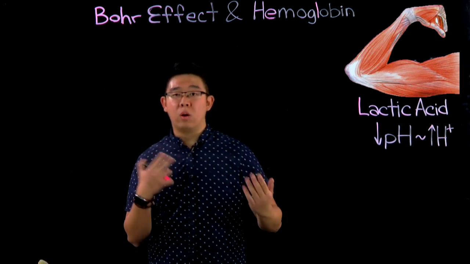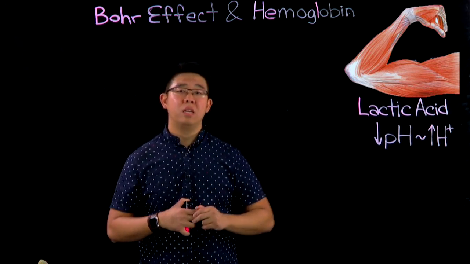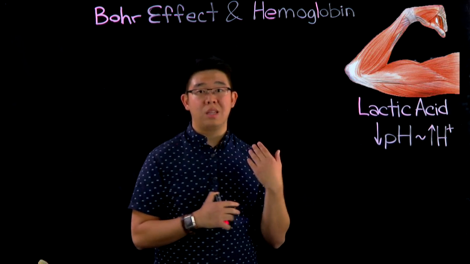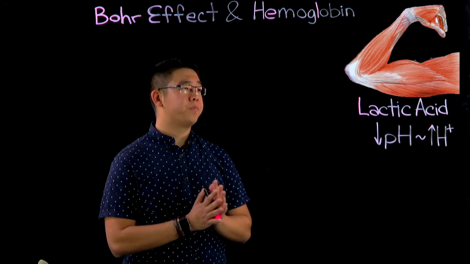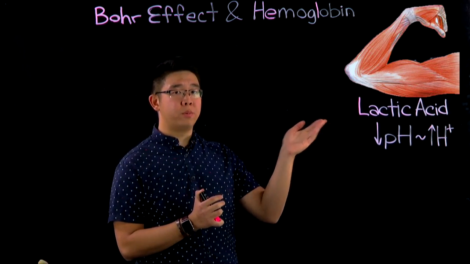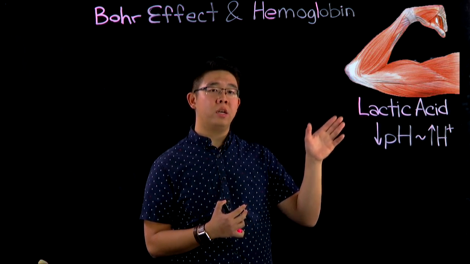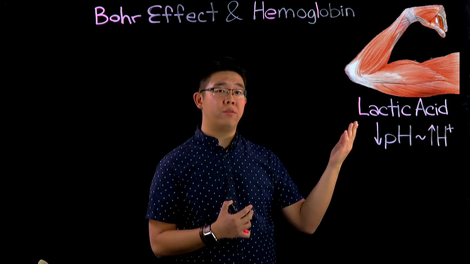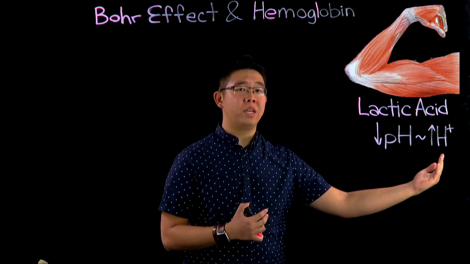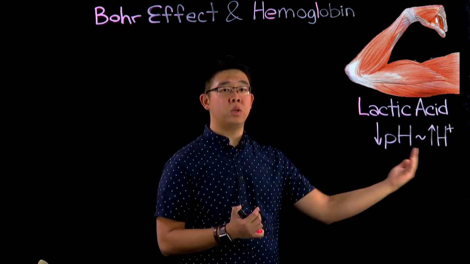The accumulation of lactic acid is because it enters lactic acid fermentation, which doesn't have oxygen. This lactic acid fermentation decreases the pH because of it being an acid, and therefore increases the hydrogen ion. And these two go hand in hand.